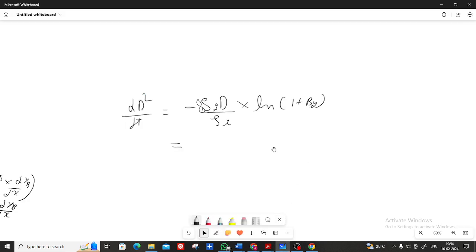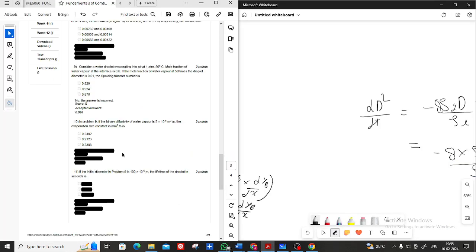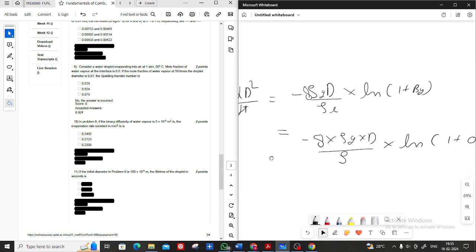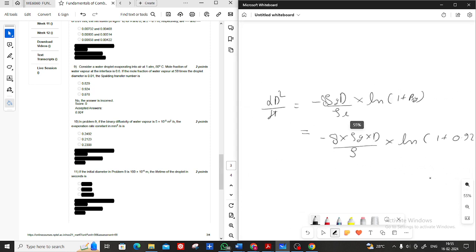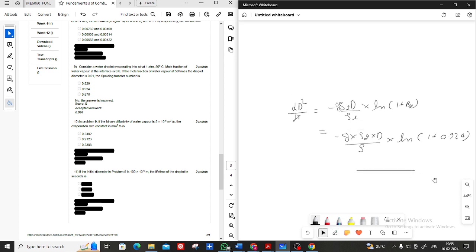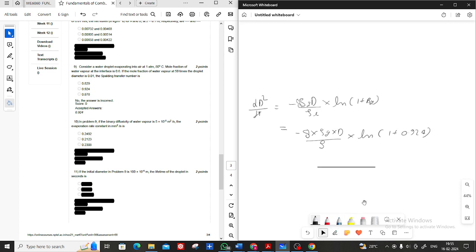So you write minus 8 into density of gas into diffusion coefficient upon density of liquid into ln 1 plus 0.924. Just calculate this and you will get the answer.